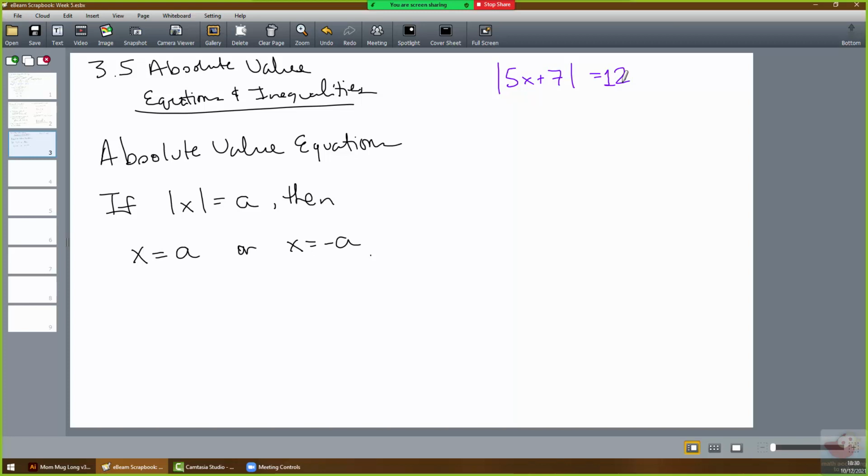Great. So because of that, the first breakup says that the inside, in this case 5x plus 7, is directly equal to the right-hand side. And the second one says that the inside is equal to the negative of the right-hand side.